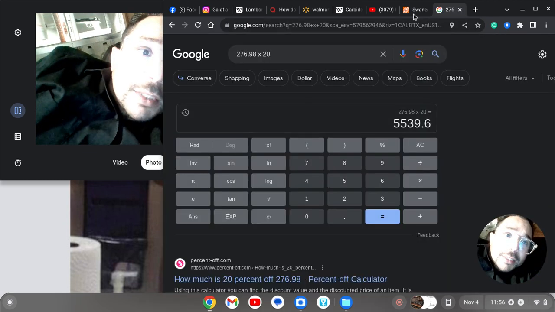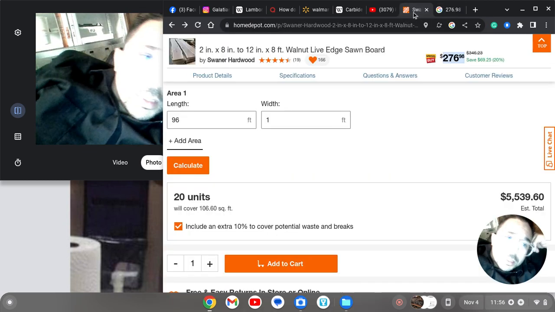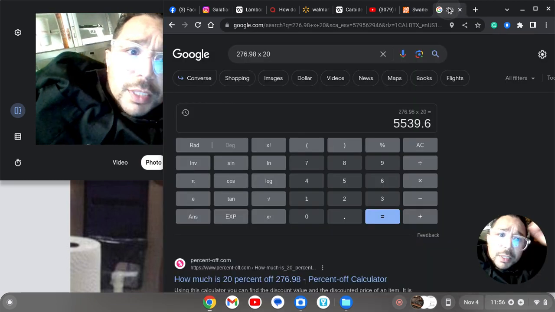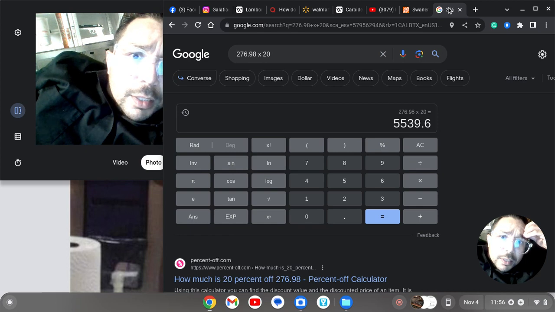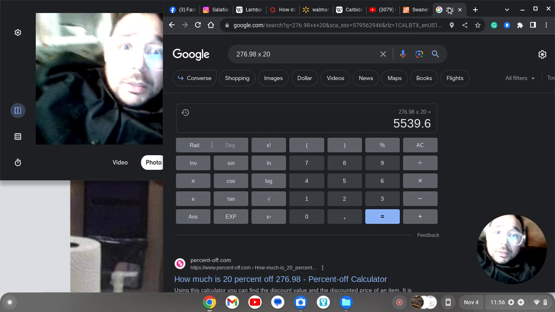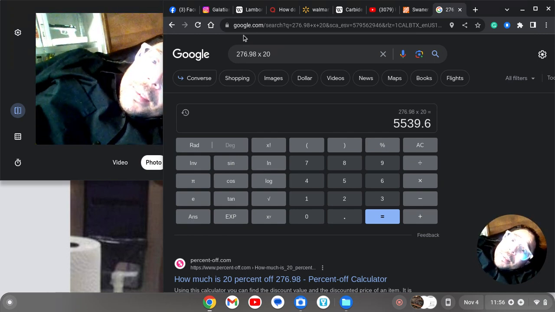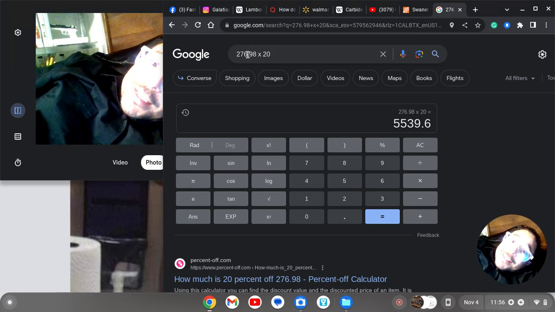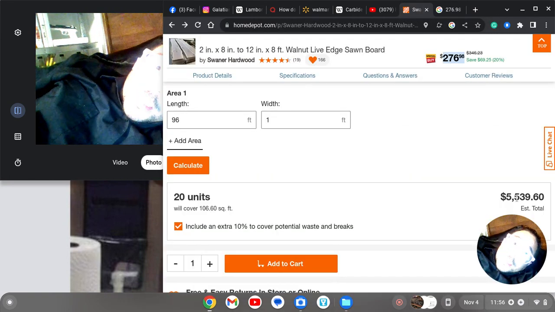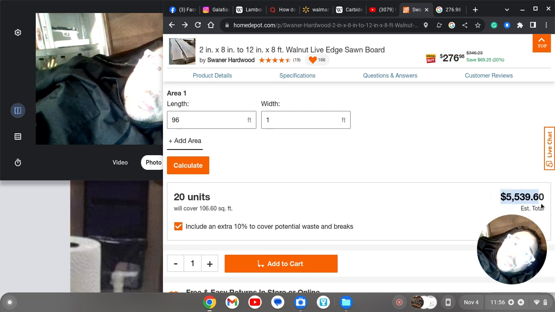That's correct. So right there it's showing that I want 20 boards at this cost. This is the estimate total for 20 units.